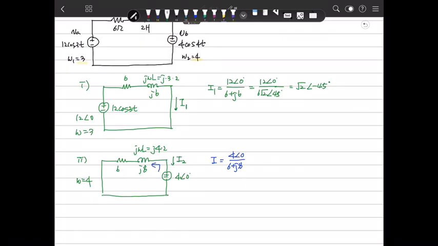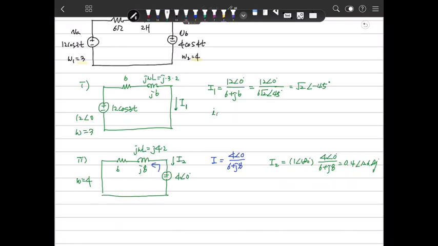So I2 is 1 at 180, because the direction is reversed, times 4 at 0 over 6 plus j8. So the result is 0.4 at 126.87.